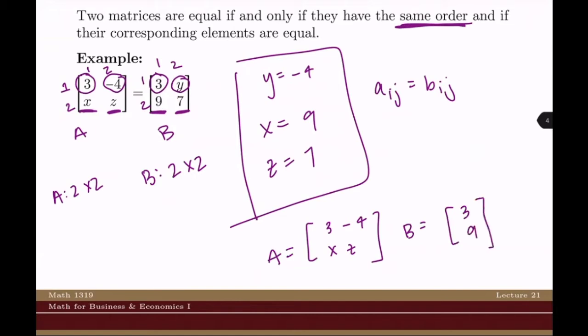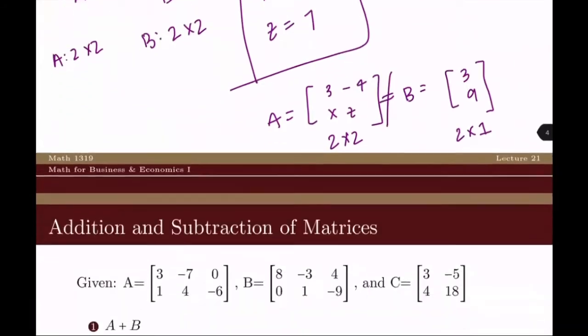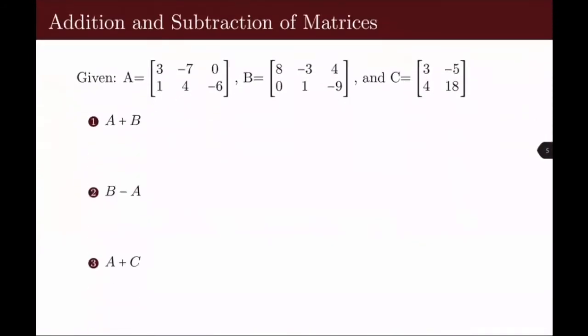These could never be equal because matrix A would be a 2 by 2 matrix, while matrix B would only be a 2 by 1 matrix. So they have to have the same order as well as all of the same elements, okay? Not equal.